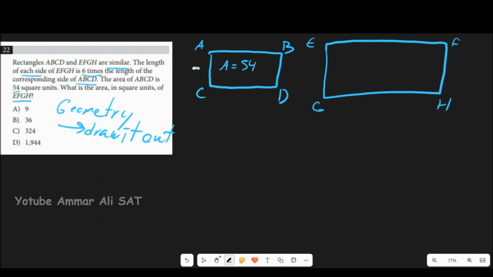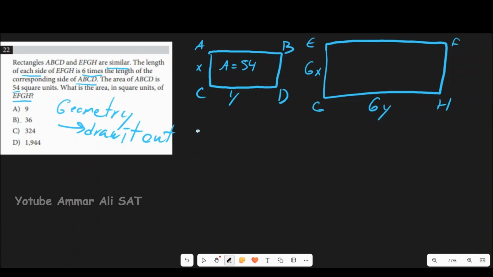So let's just say we have x and y here. This would be 6x and this would be 6y, right? So let's try to find a relationship between these two that can make our lives a little bit easier.